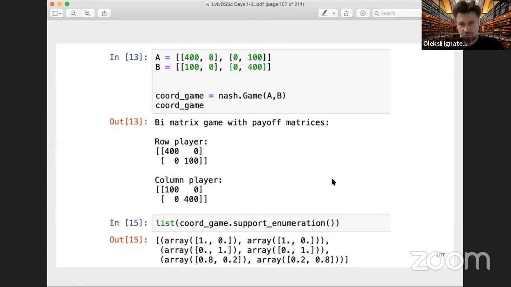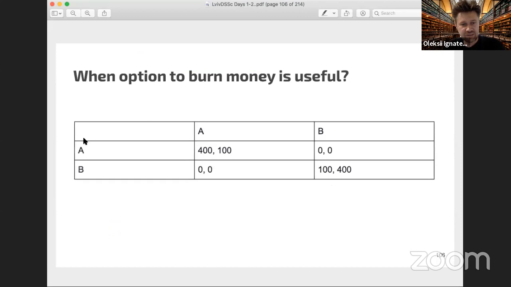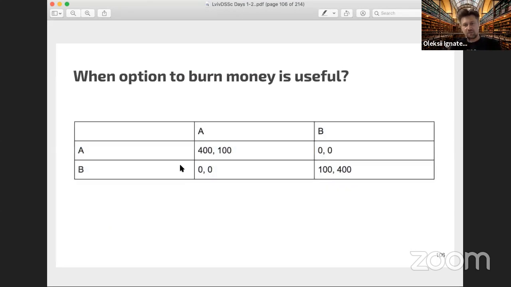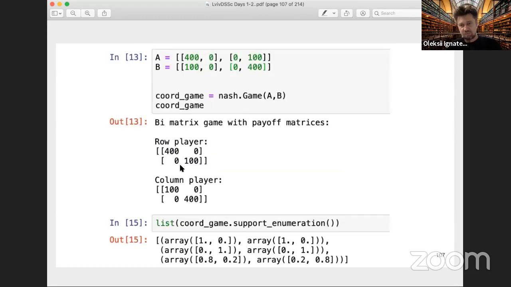So you play 50% choice, which gives you the most amount of money, and you can calculate the expected payoff for each case.